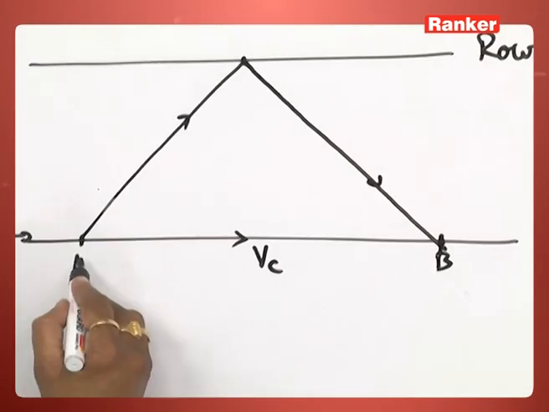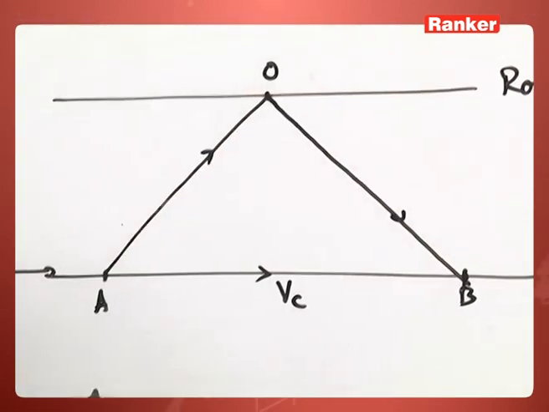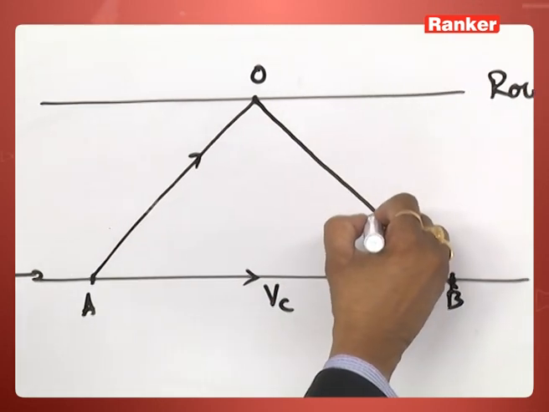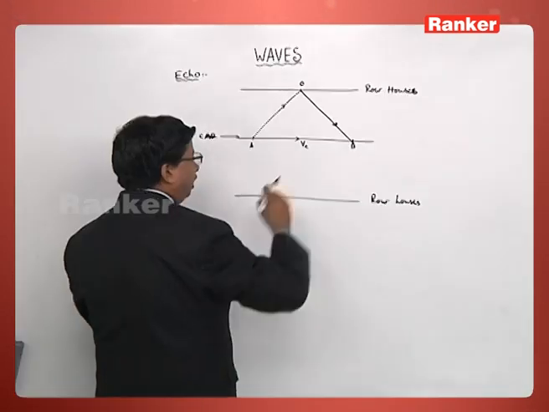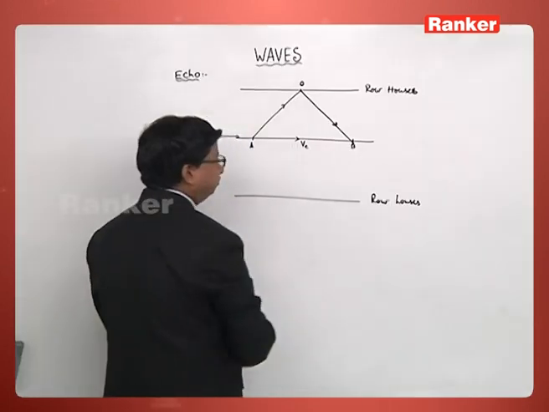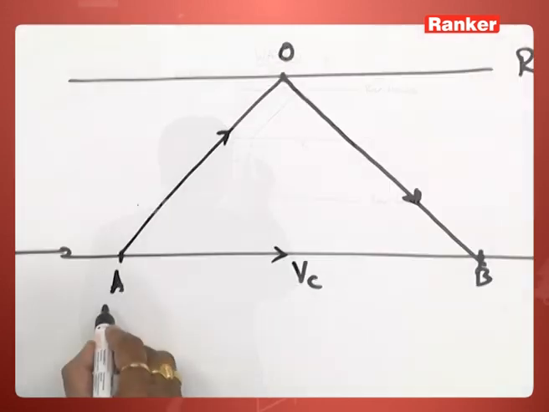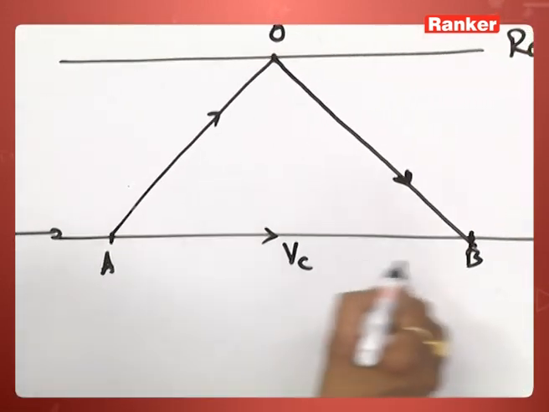One can understand that in the moment sound reaches from A to O and then back from O to B, in the same period of time, the car is just moving from A to B. So what is this distance AB?